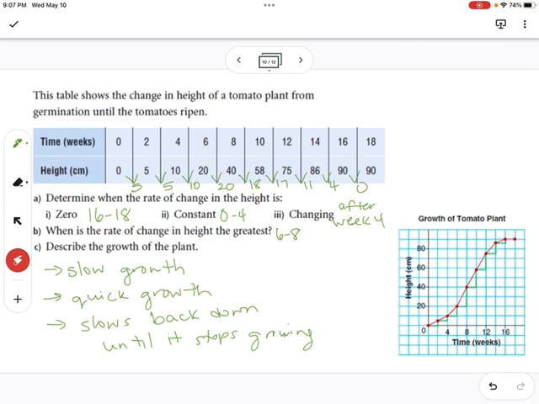When we have a constant change, so both of those 5s are there, we notice that from 0 to 4 weeks, that's actually a straight line in that region. And when we have changing growth, then our slope is different for each section as we go.